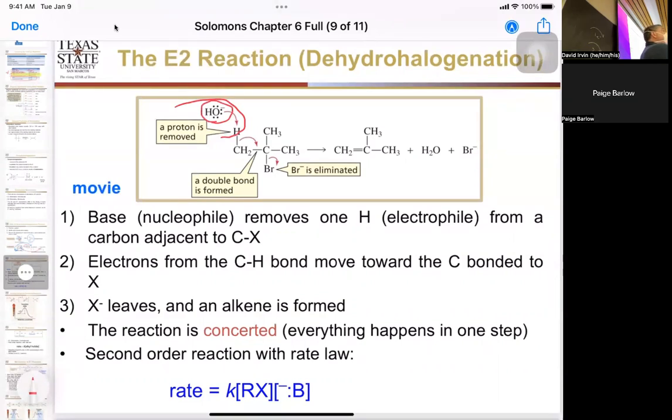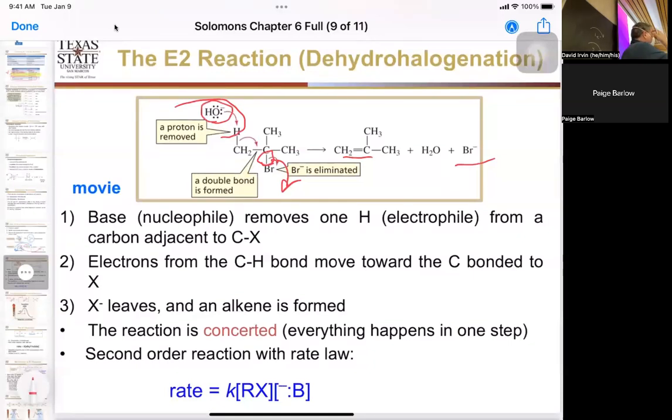So the electrons that the hydrogen had are going to be left on the carbon. And those are the electrons that make the pi cloud. As it's forming that pi cloud, it is taking these 2 electrons here, because we can't have 10 electrons around carbon, giving us our double bond and our product. Okay. So it's a concerted reaction that happens all at once. Base pulls on beta hydrogen, electrons kick in, forming double bond, electrons kick out, forming leaving group, all at once.